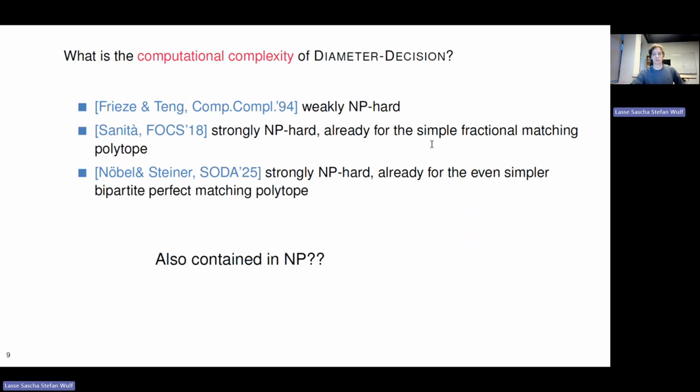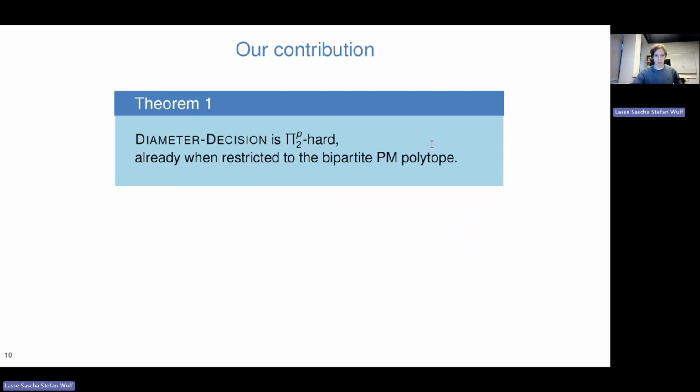So it's complete for a larger class than the class NP. And in fact, this is our main contribution of this paper. We show that the decision problem of computing the diameter is hard for the second level of the polynomial hierarchy, which is a class that I will explain in a minute, and lies above the class NP. And this is true already when we restrict our attention to the bipartite perfect matching polytope.